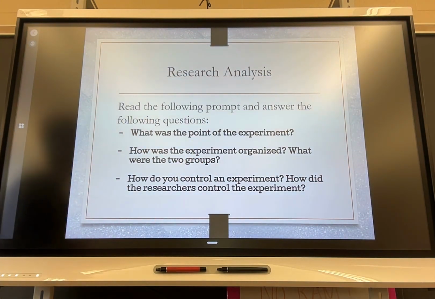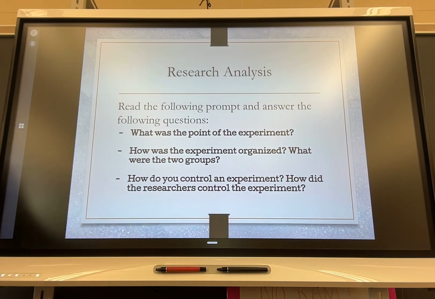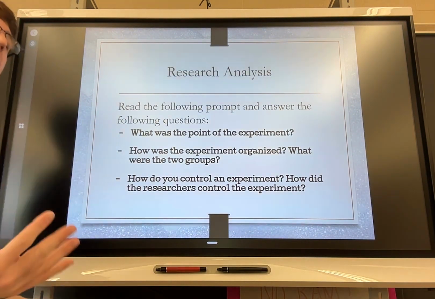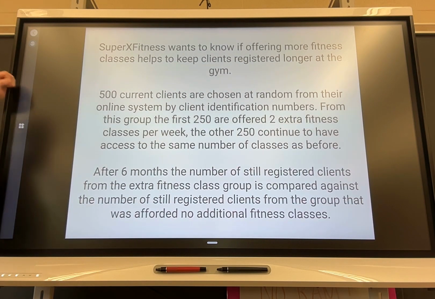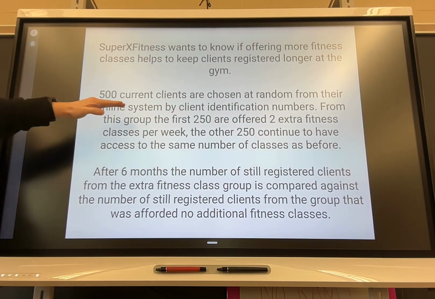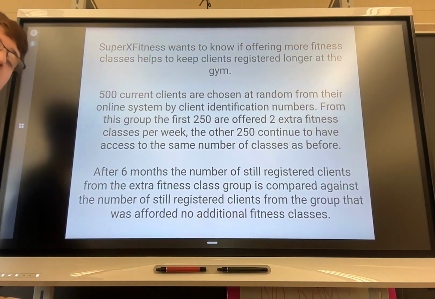How do you control an experiment, and how did the researchers control the experiment? Well, control means to take charge or manipulate things in a way that you want. So these researchers, like I said, are picking randomly. They picked 500 people through their online system. They did not physically pick out who they wanted to be in it.